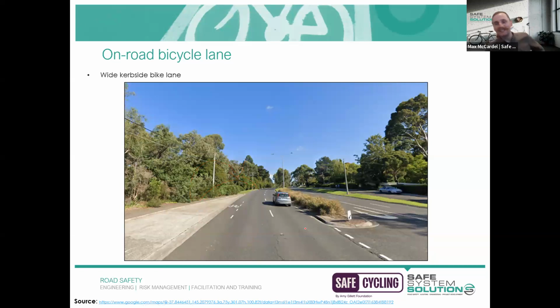Certainly we tend to only use the contrasting colouring where it is the conflict point. So that's where that green pavement term has come up. It's been referred to as conflict paint because that's generally only where it's been used. But I'm actually a fan of using it a little bit more liberally.